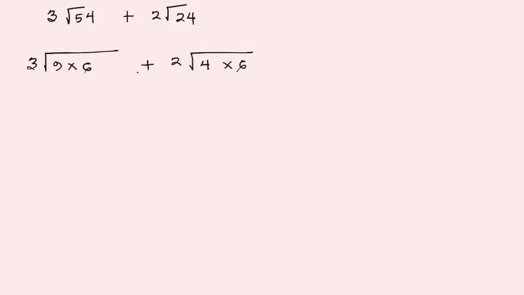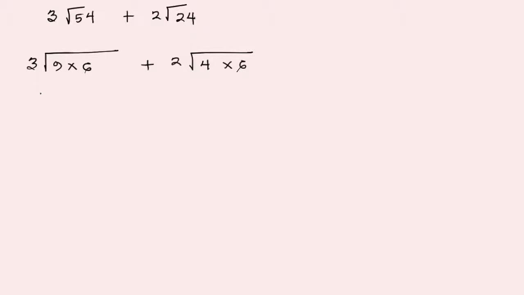Remember how we learned how to simplify. Write down the factors of this. Look for the highest perfect square we have. In this case it is 9. And we have to multiply 6 by 9 to get 54. That's how we came about this expression. And for 24, the highest perfect square we have is 4. And we have to multiply 6 by 4 to get 24.